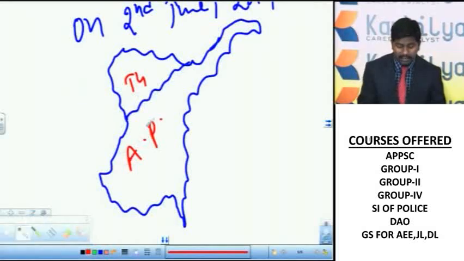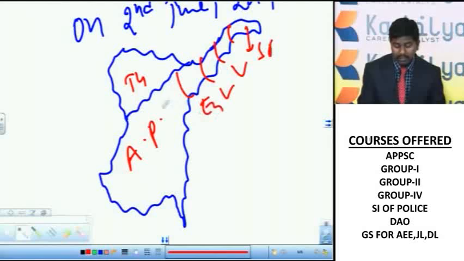Today, this residuary Andhra Pradesh has 13 districts, right from Srikakulam here, Vijayanagaram, Visakhapatnam, then East Godavari and West Godavari, Krishna, Guntur, Prakasham, Nellore.